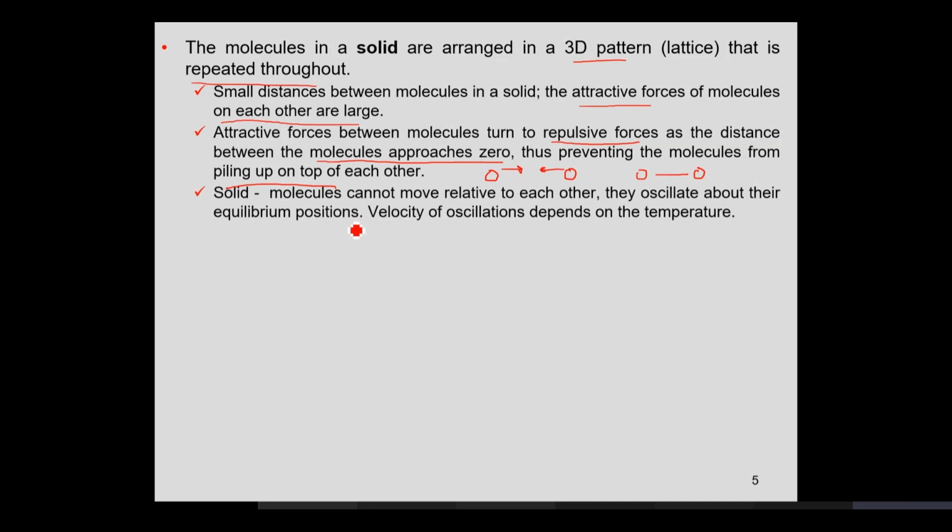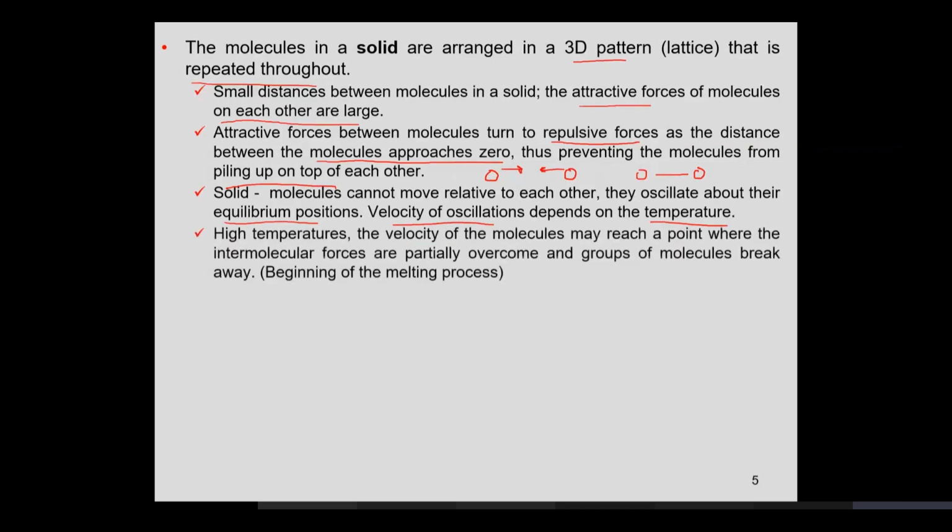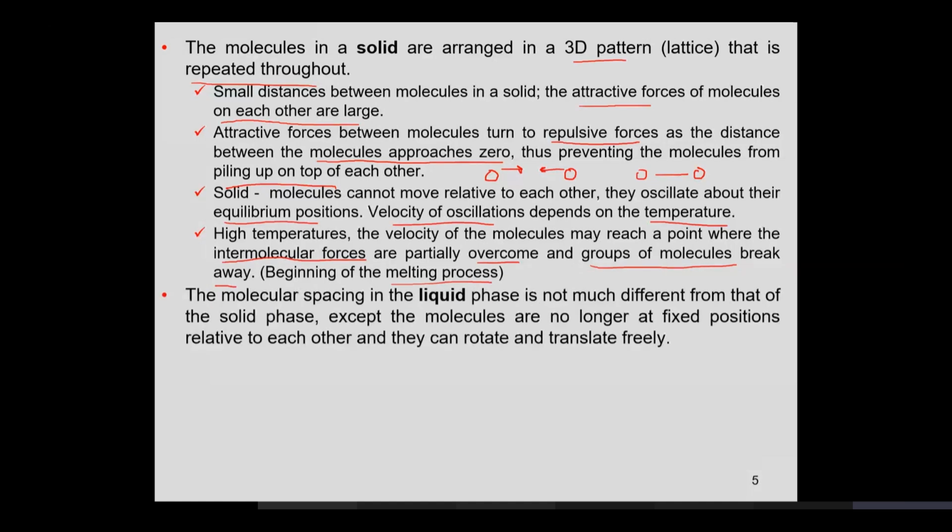Solid molecules, you already know, cannot move, but they vibrate at equilibrium positions, and the velocity of oscillations depends upon the temperature of the substance. As you increase the temperature, the velocity of molecules reaches a point where the intermolecular forces are overcome, and groups of molecules start breaking away. This is basically the melting process or the phase change process.